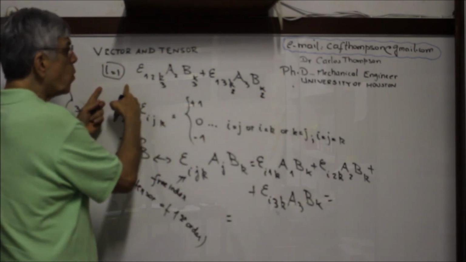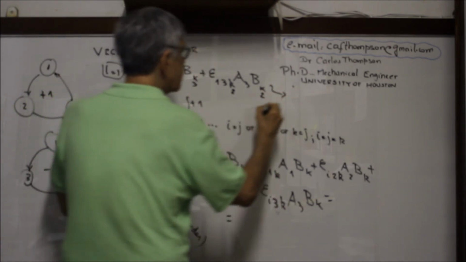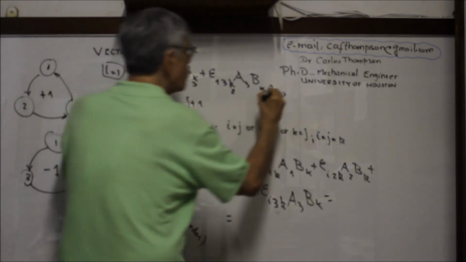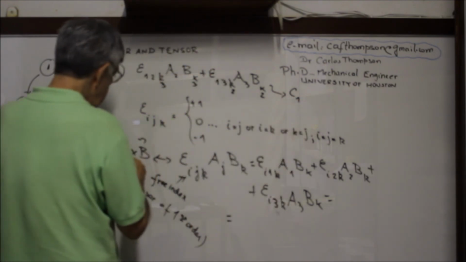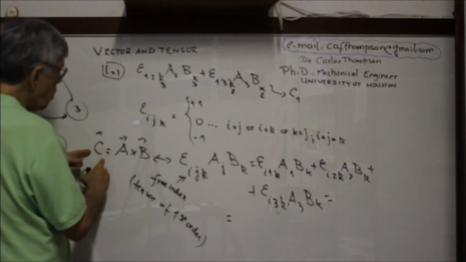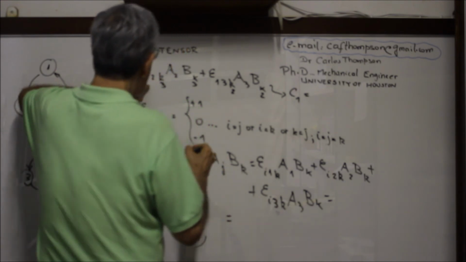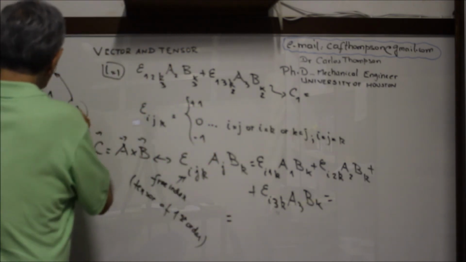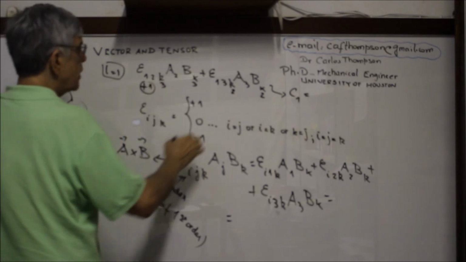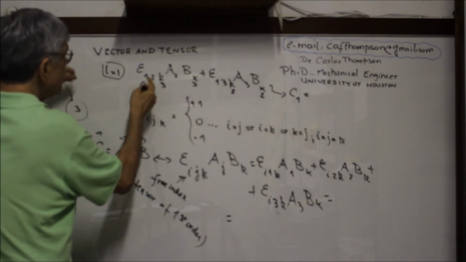So for i equal 1, I call it C1. Do you remember? A cross B is equal to C. For i equal 1, I have C1 equal to epsilon 1,2,3, which is plus 1, and epsilon 1,3,2.